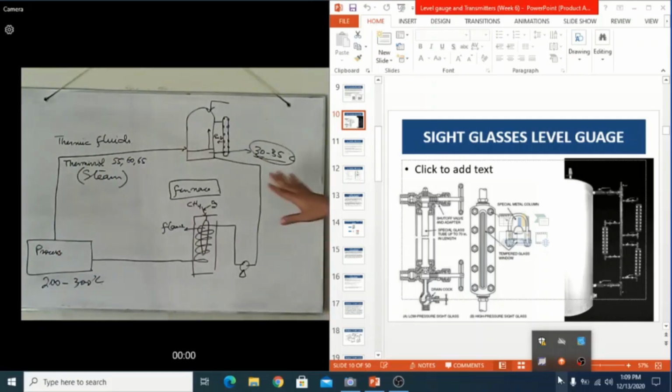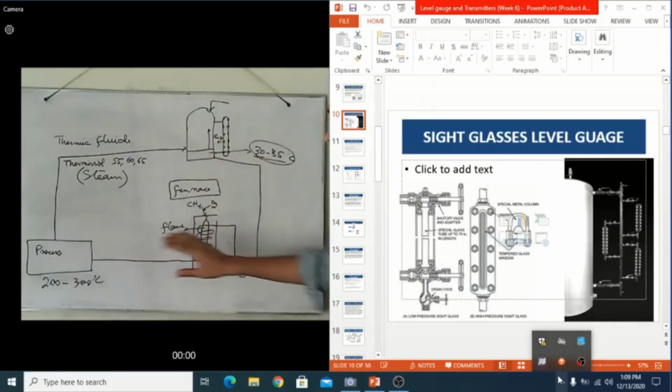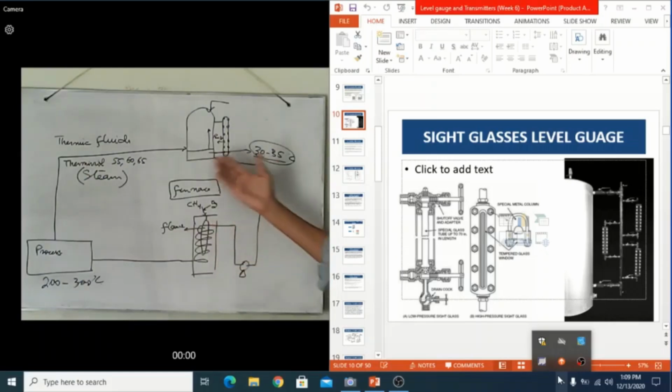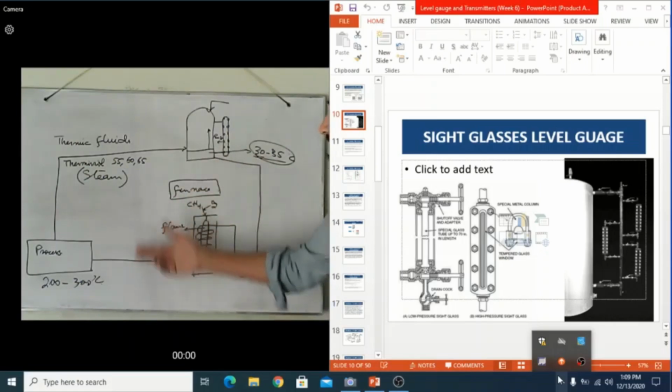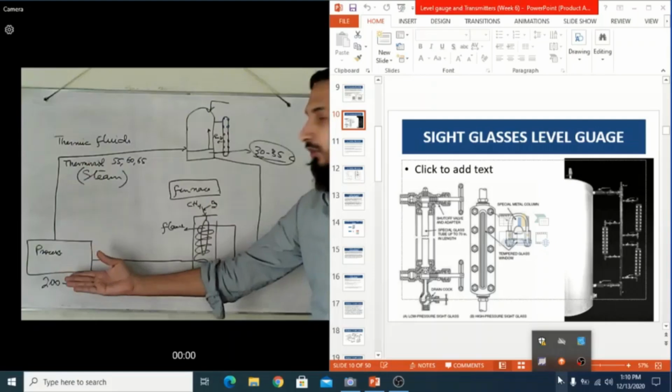When you introduce this fluid in this tank, it will cover the whole circuit volume of your process, and the furnace where this fluid is going to get a certain amount of heat which is demanded for your process.